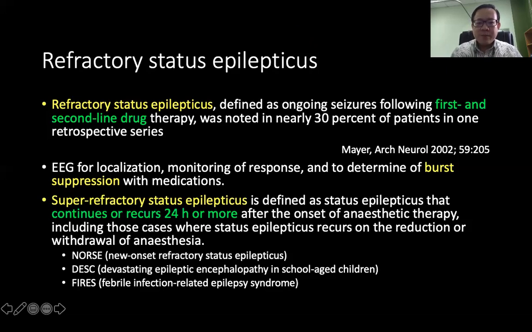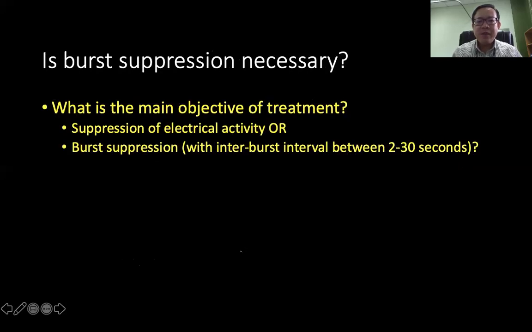Sometimes I use EEG when I give phenobarbital to determine whether I have achieved burst suppression or not. So is burst suppression necessary? In a hospital with continuous EEG monitoring, which means you can apply the EEG 24 hours in the ICU, you can continuously adjust your dose of thiopentone or propofol accordingly.